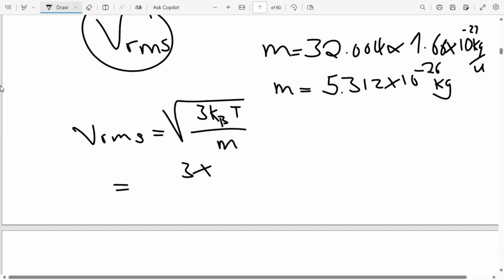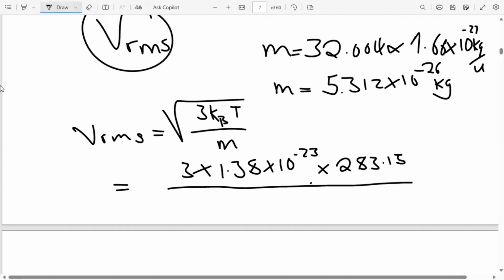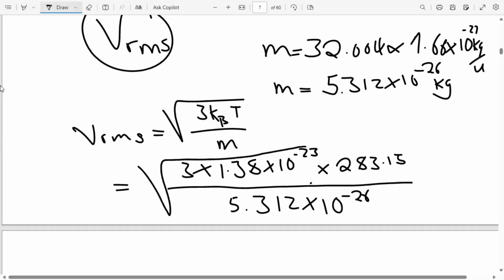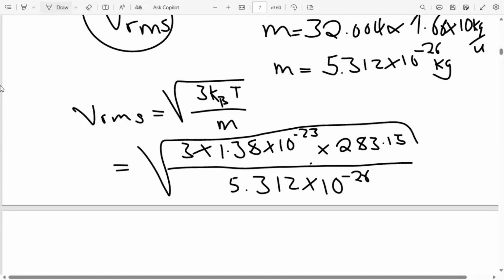So I'm just going to plug it in: 1.38 times 10 to the power minus 23, multiplied by the temperature in Kelvin, and we found the temperature to be 283.15. All this divided by the mass of your oxygen molecule, which is 5.312 multiplied by 10 to the power negative 26. Then all of this is under a square root like that.